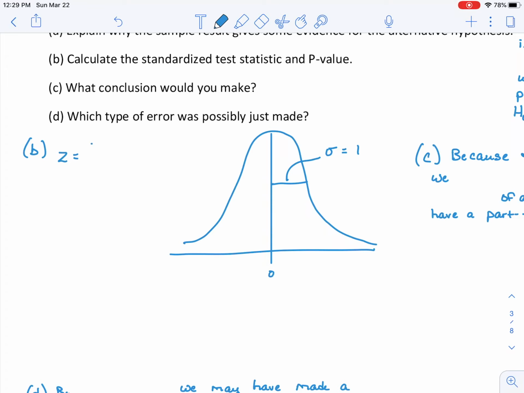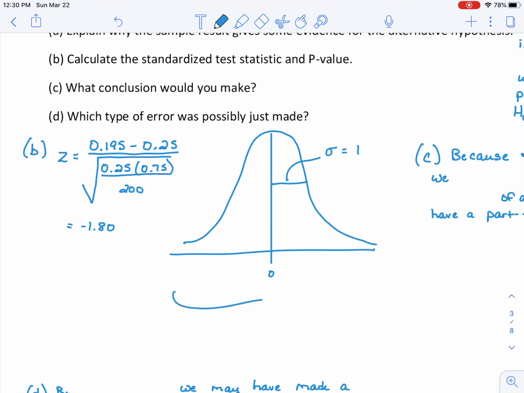I'm going to take the statistic, which I just calculated, minus p0, the parameter in our null hypothesis, and divide by the standard error of our statistic, the standard deviation of the sampling distribution of sample proportions, which was the square root of p0 times the complement of that number, divided by the sample size that we selected. And when I put that in a calculator, I get negative 1.80.